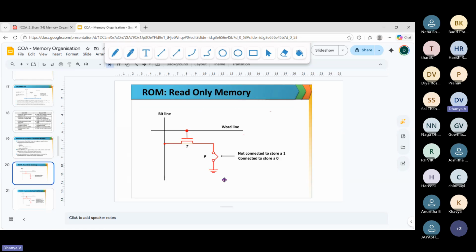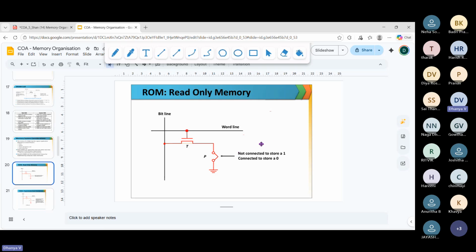Okay, moving on to ROM and your types of ROM. We have dealt with this even last semester, I think. Essentially, ROM is your read-only memory. It's non-volatile. If you see here, your connections determine whether a cell stores 0 or 1.